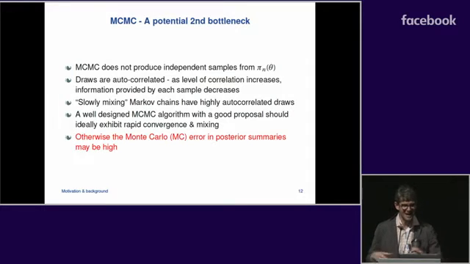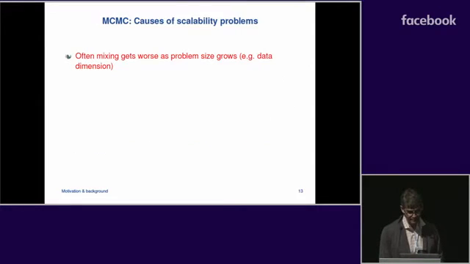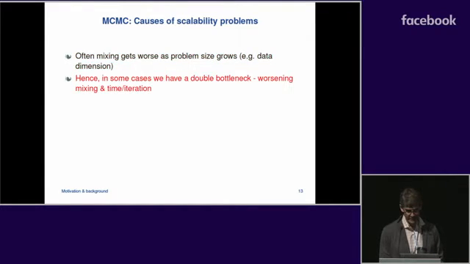Okay, we'd like to design the algorithm targeted towards small Monte Carlo error in a given computational time. Okay, so often the mixing gets worse as the problem size grows, data dimension or sample size. So in some cases we might have a double bottleneck, worsening mixing, and we can think of mixing as similar to convergence rate in optimization problems.